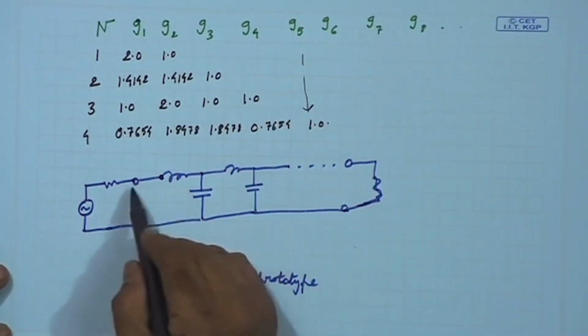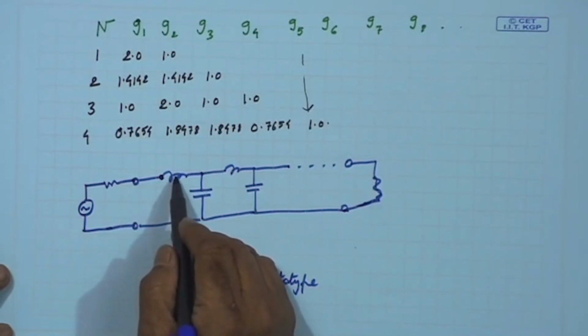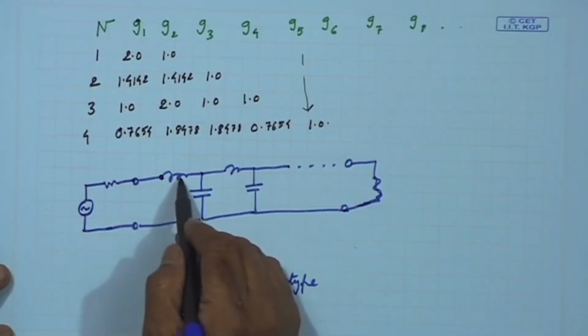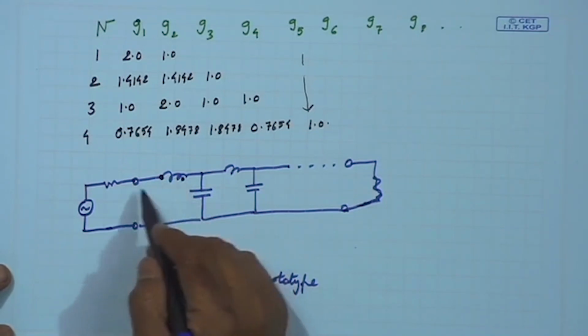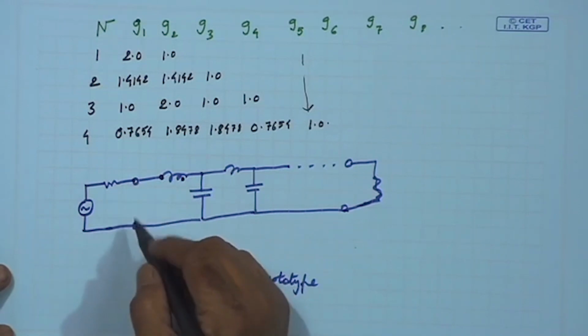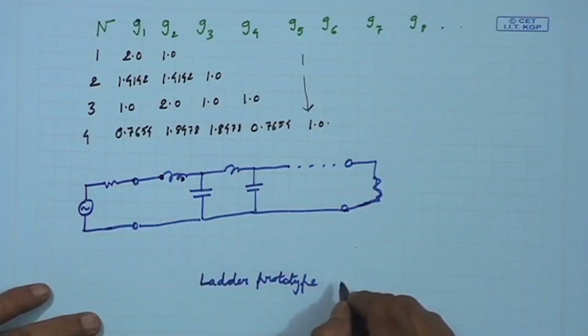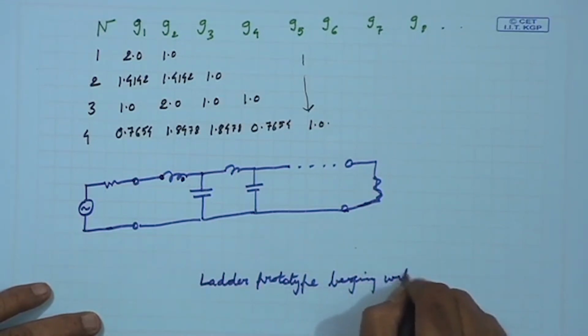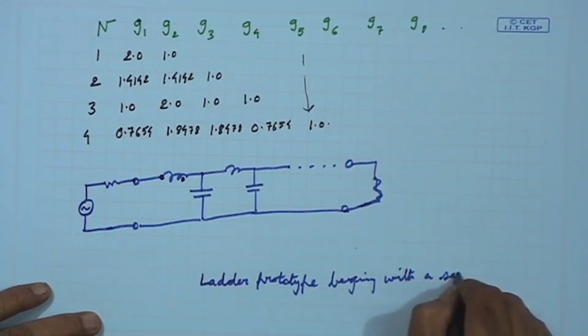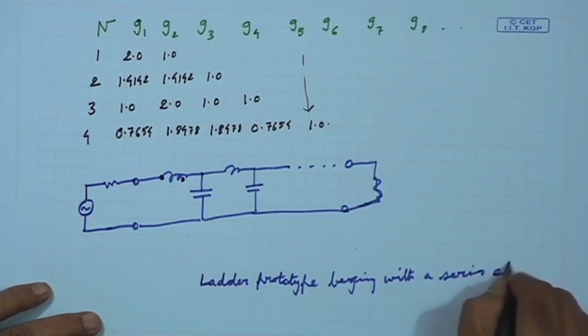Now, there are two varieties. You see in the first one I can have a series inductance, or I can have a shunt capacitance. Now, if I have series inductance, this is called ladder prototype beginning with a series element.